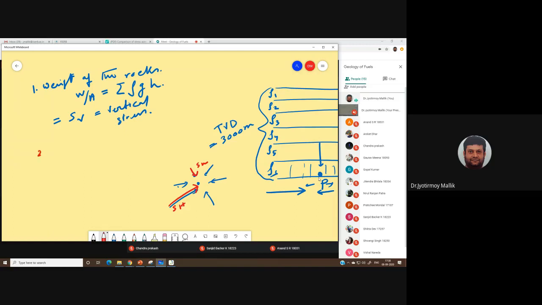Then I will have S capital H, which we call the maximum horizontal stress. And number 3, S small h, which we call the minimum horizontal stress.